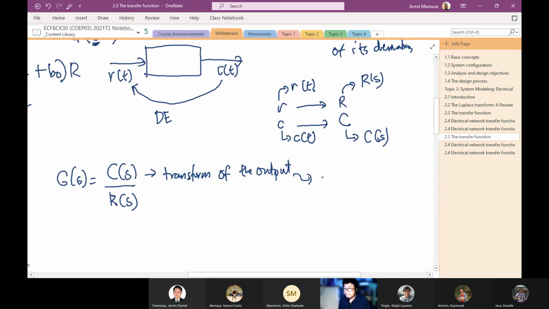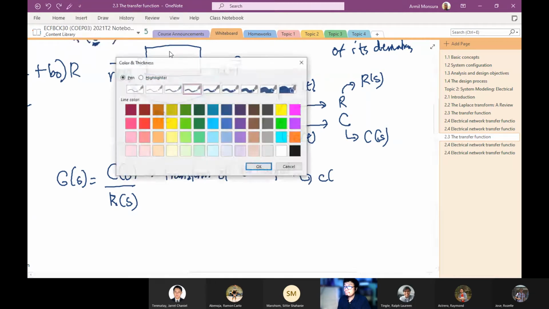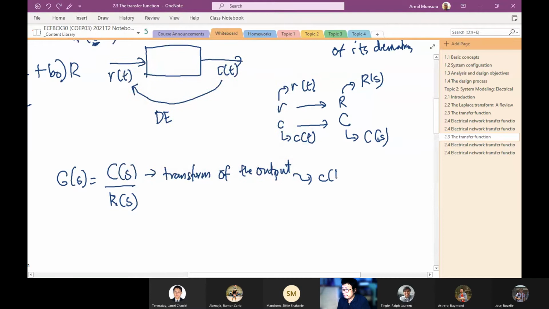The output being C of T. While R of S, sorry, is the transform of the input. Your input signal being R of T.